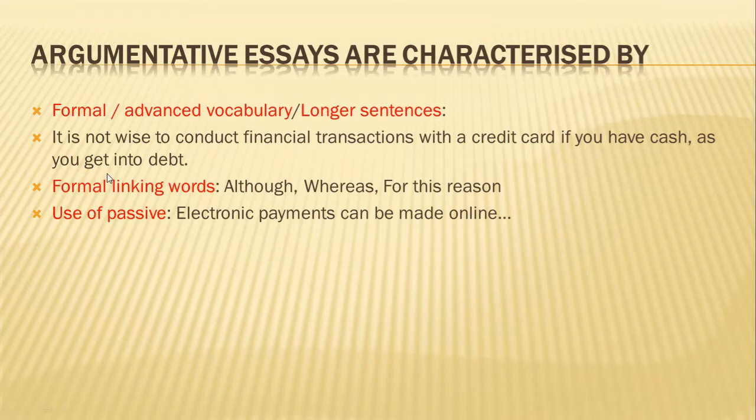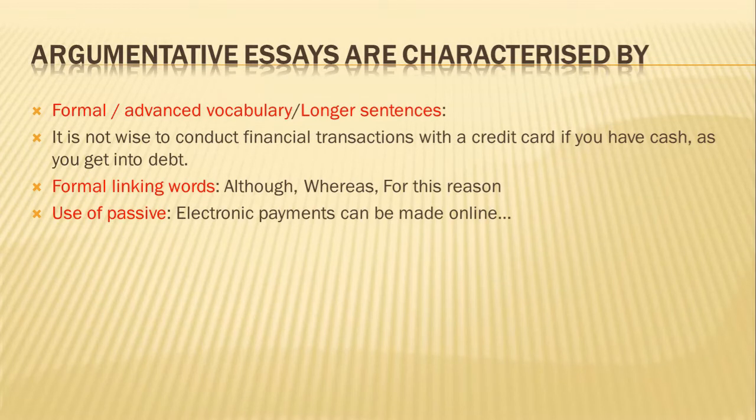Like we have the example here: it is not wise to conduct financial transactions with a credit card if we have cash, as you get into debt. So keep in mind, formal or advanced vocabulary, longer sentences. Then you must use formal linking words as well, like for this reason, whereas, although, meanwhile, and so on.